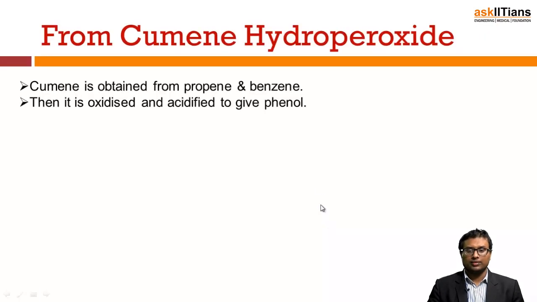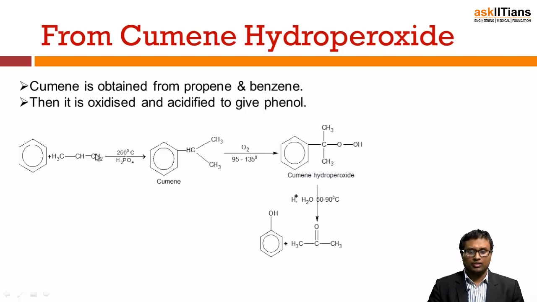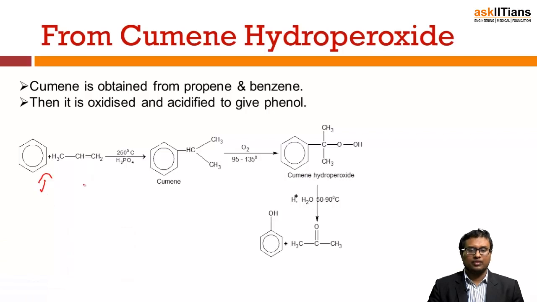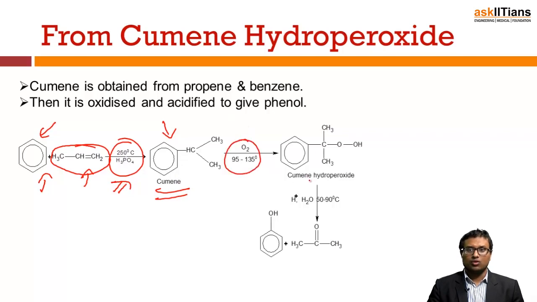From cumene hydroperoxide. Cumene is obtained from propene and benzene. What is cumene? For example, you have benzene and you have propene. You will get this cumene from your benzene and propene in the presence of H3PO4. As soon as you get cumene, just oxidize it, and you will get cumene hydroperoxide.